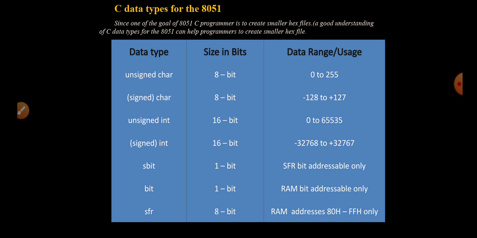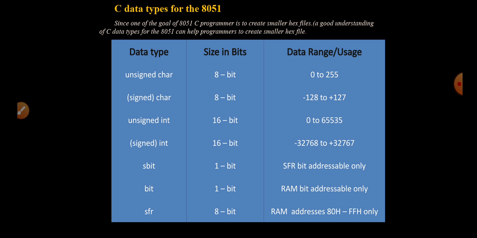In case of unsigned character, you can represent the values anywhere in the range from 0 to 255, whereas if it is taken as a signed character, the values can be represented in the range from -128 to +127. So if the keyword like unsigned or signed is not used, by default it will be taken as a signed character.